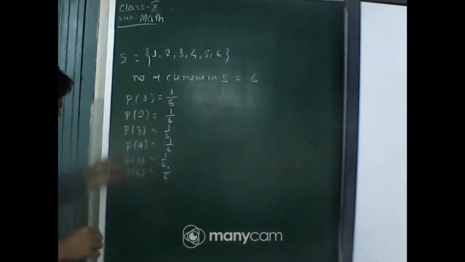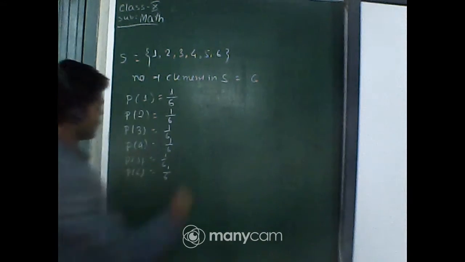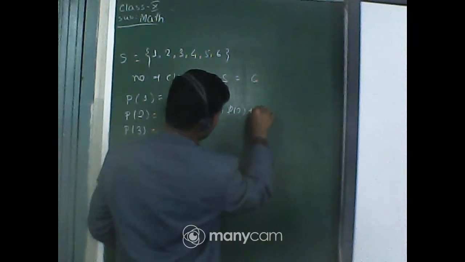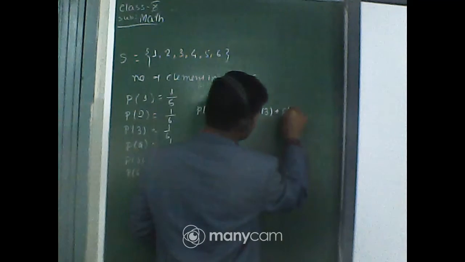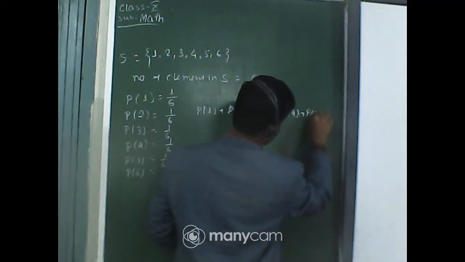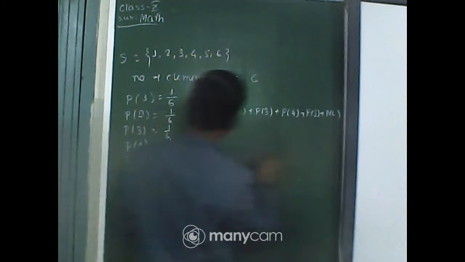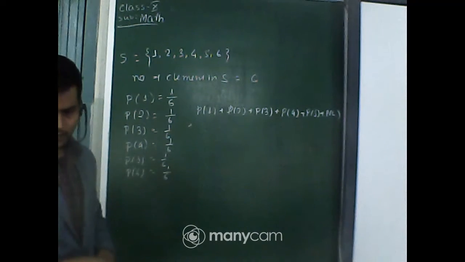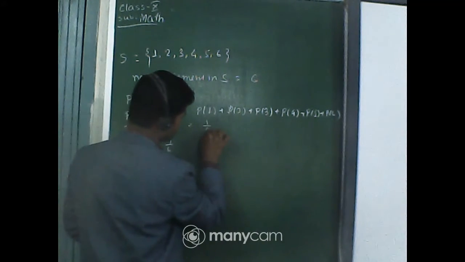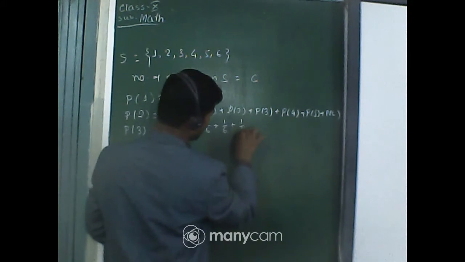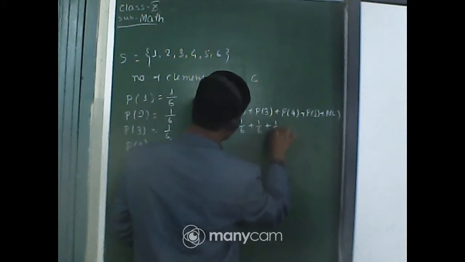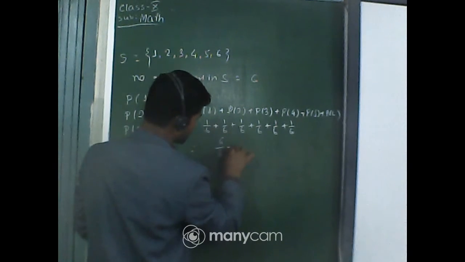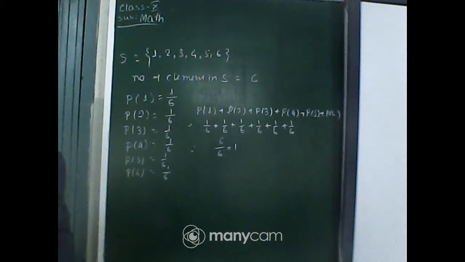Now if I add all the probabilities, P(1) + P(2) + P(3) + P(4) + P(5) + P(6), each is 1/6, so 1/6 added six times is 6/6, which is equal to 1.